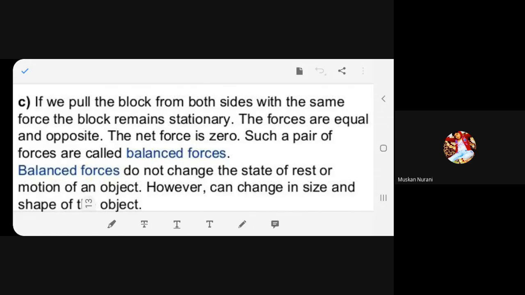You can do both the activities. Like, you and your friend are on either side of the table, and on the table there is an object, and you both are applying force on the object with the same intensity. Do you think the object will move?